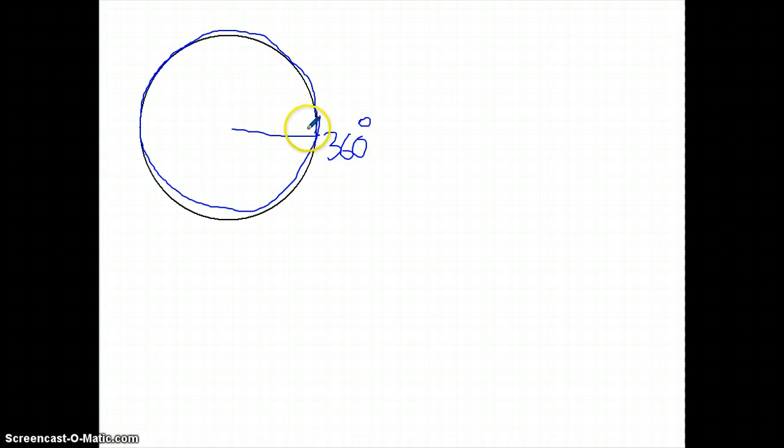But you'll see that in pre-calculus and as you go into calculus and higher, you're not going to see degrees very often. You're going to see radians. And so we need to talk a little bit about radians and what they are.